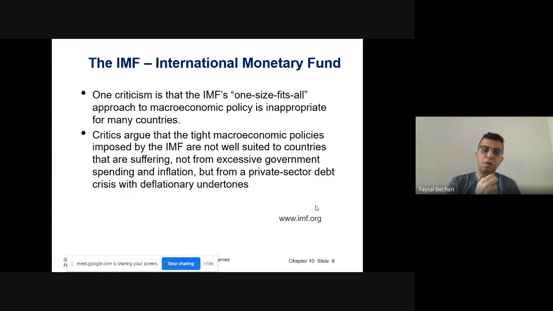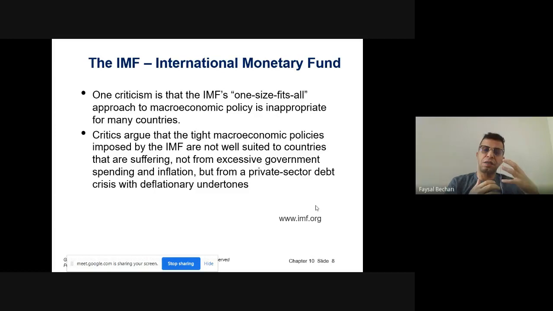So, as you know, sometimes the government may be borrowing so much money or spending too much money, and sometimes the problem is not at that level. It could be at the private sector level, where there is a debt crisis. The private companies or private sectors have lots of debt and might be lowering their prices.